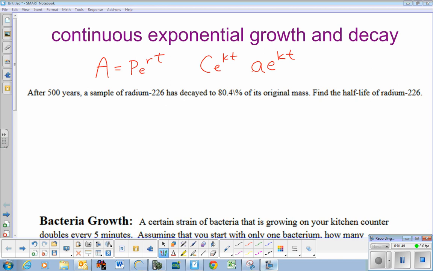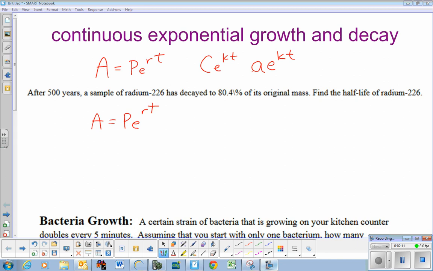Radium-226, after 500 years, has decayed to 80.4% of its original mass. Find the half-life. So you'll get used to the different styles of these questions, but they all basically start here, and we'll fill in the info that we have and find the info that we don't have.